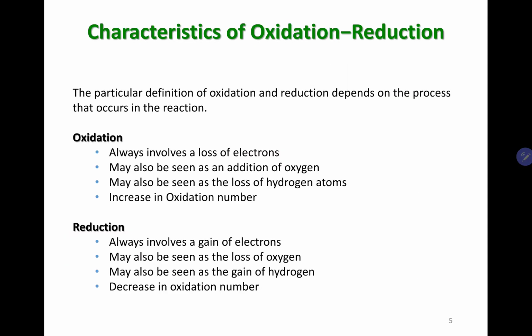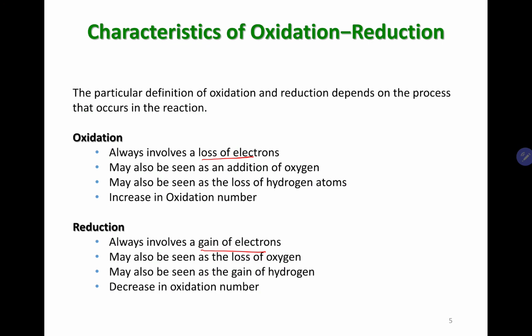So now we basically know how to define oxidation and reduction. So oxidation always loses electrons, reduction always gains electrons. But here's the tricky thing. By now we learned how to balance reactions, we learned how to write chemical reactions, but we never used electrons, right?